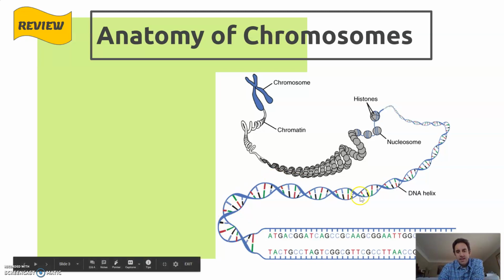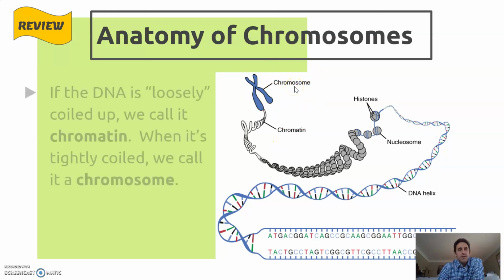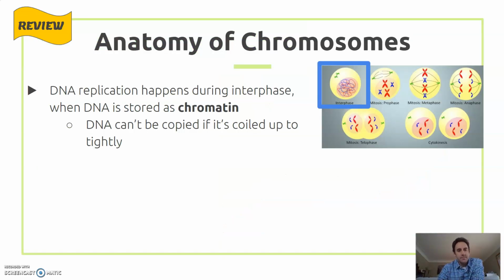So if we take this DNA molecule and we start to wrap it up around the proteins and coil it in this tightly organized way, eventually we get this thing called chromatin. And if we continue to coil it up even tighter, we get this really tight coil called a chromosome. So if the DNA is loosely coiled up, we call it chromatin. When it's tightly coiled, we call it a chromosome. Whichever term we're using, though, we're essentially talking about the DNA, that genetic information for the cell.